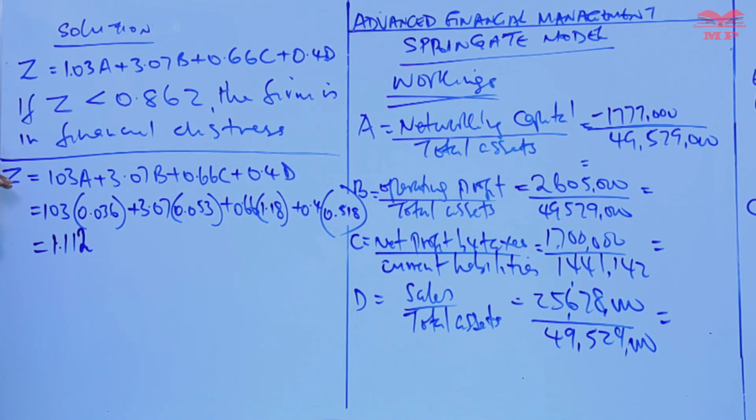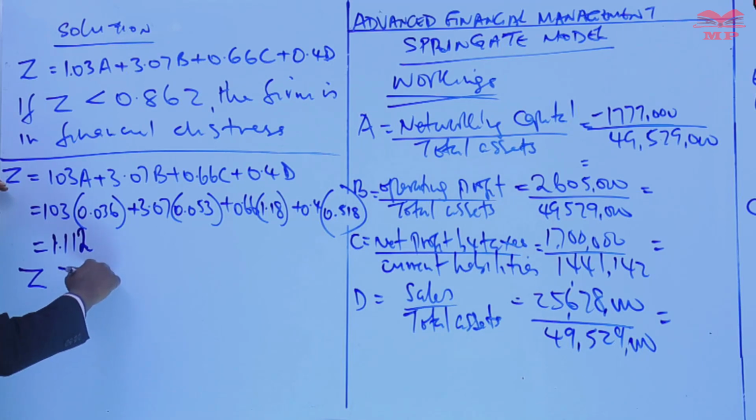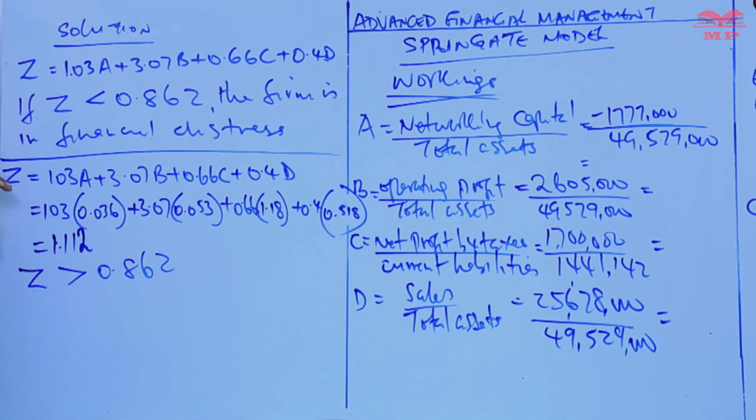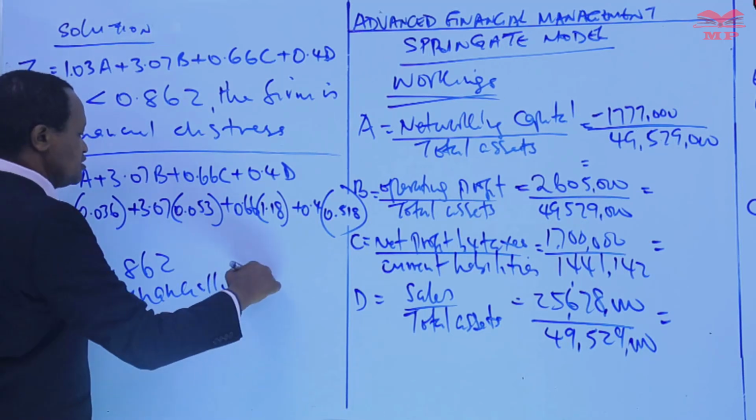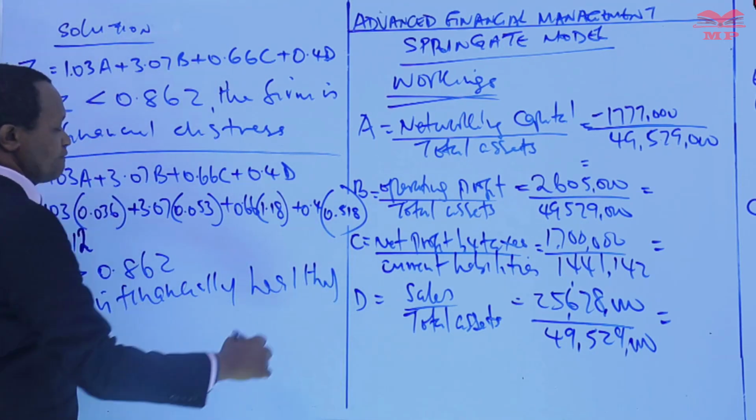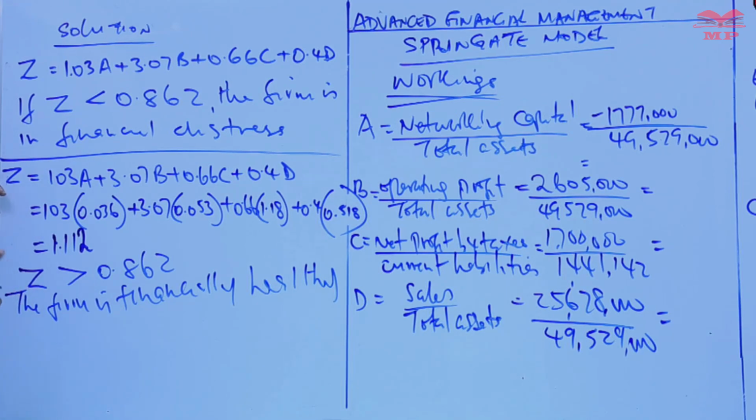So you can see, candidates, the Z value is greater than 0.862. So what is the interpretation? The firm is financially healthy because the Z value is greater than 0.862.